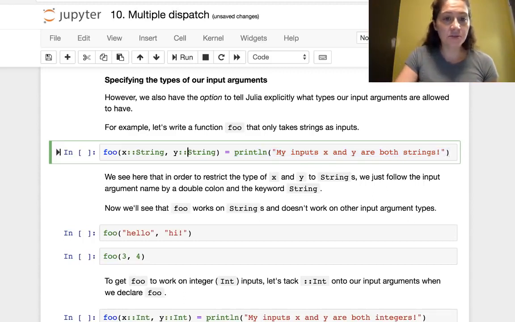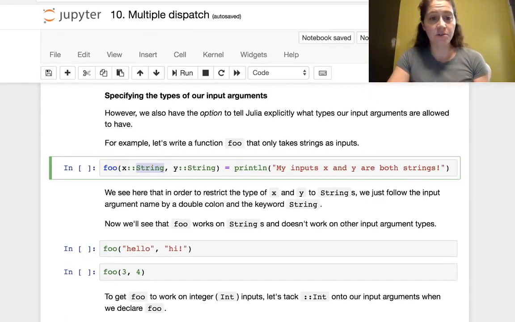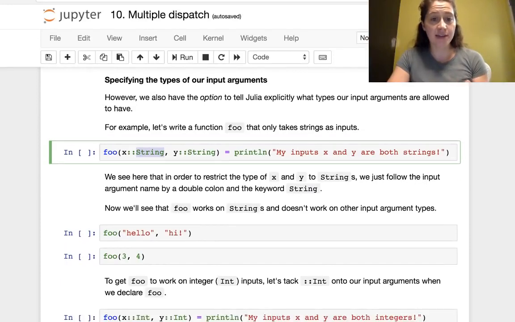We know that it's taking two strings because of the annotation here. If I want a given input argument to be of a certain type, I'll follow the name of that input argument in the function declaration by 2 colons, and then the name of the concrete or the abstract type that I want that input to be. So here I'm saying x::String, x is a string, and also y is a string.